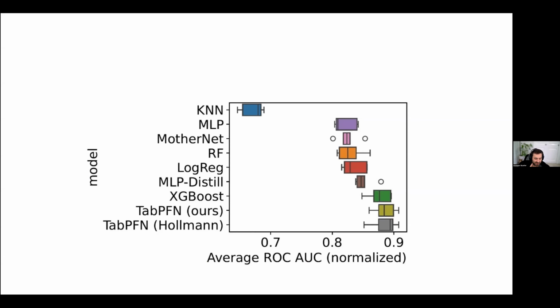And oh, the other thing that I should have put a slide in is NLP distill. The other way that's kind of obvious to get around the slow prediction time of TabPFN is to distill TabPFN per dataset.